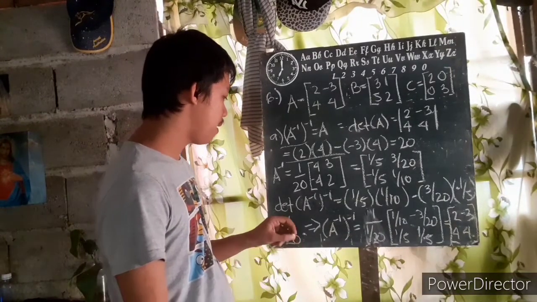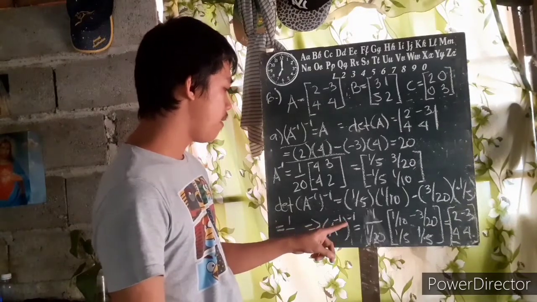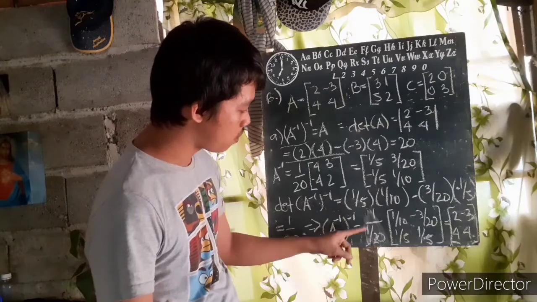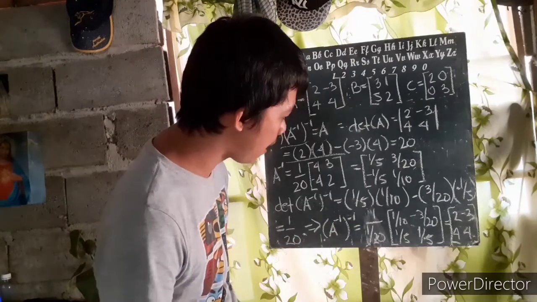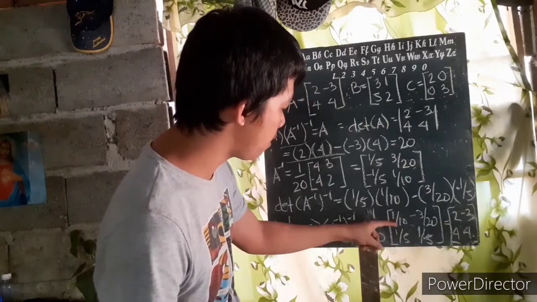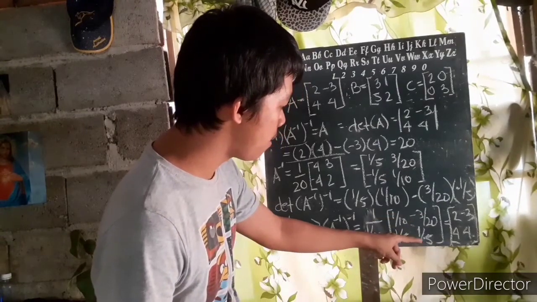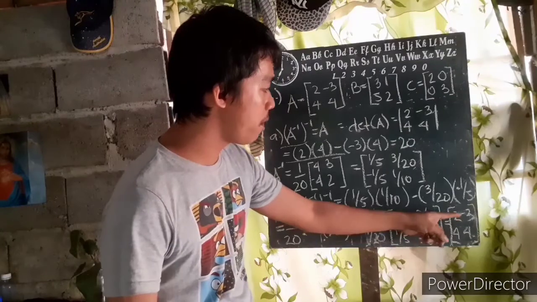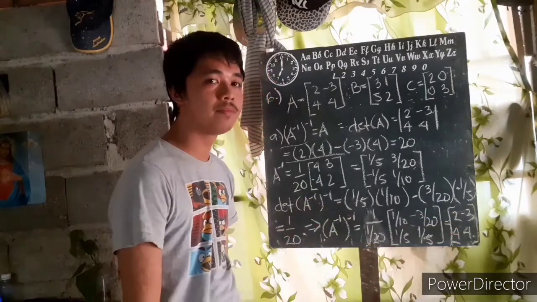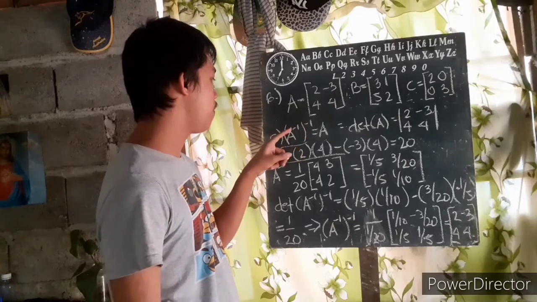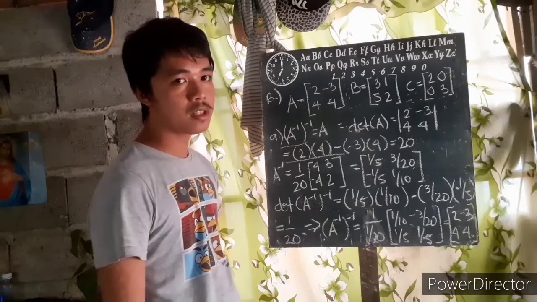Now we can find the inverse of inverse A, which equals 1 over 20 times the matrix 1/10, negative 3 over 20, 1/5, and 1/5, which is 2, negative 3, 4, and 4. Therefore, the inverse of inverse A equals A is true.